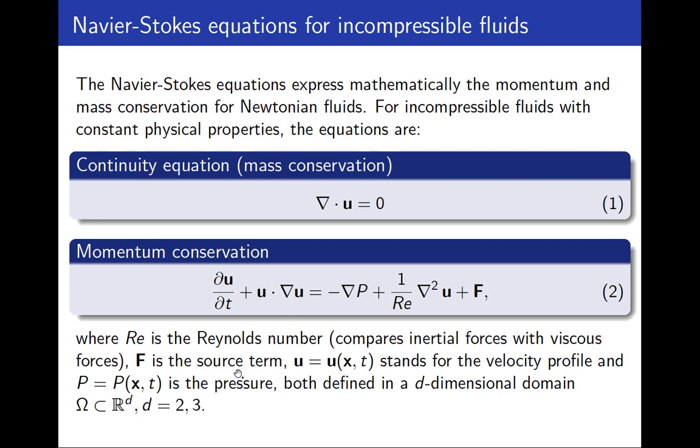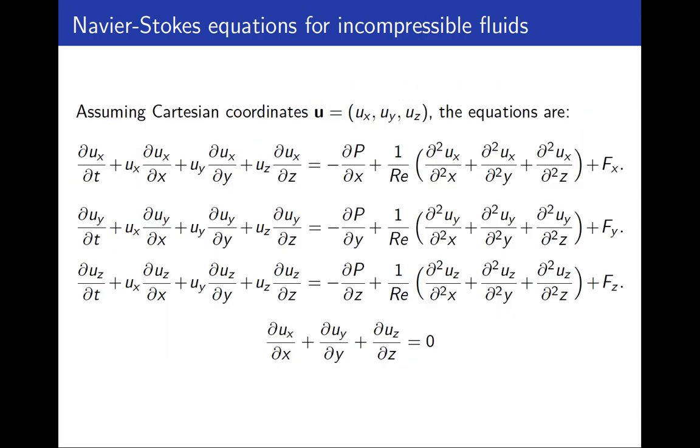And these two quantities, velocity and pressure, are defined in a d-dimensional domain. So the domain is omega, and omega is part of the real numbers. So D can be either 2 or 3 dimensions. So that means that these two equations can be solved in a 2-dimensional domain or in a 3-dimensional domain.